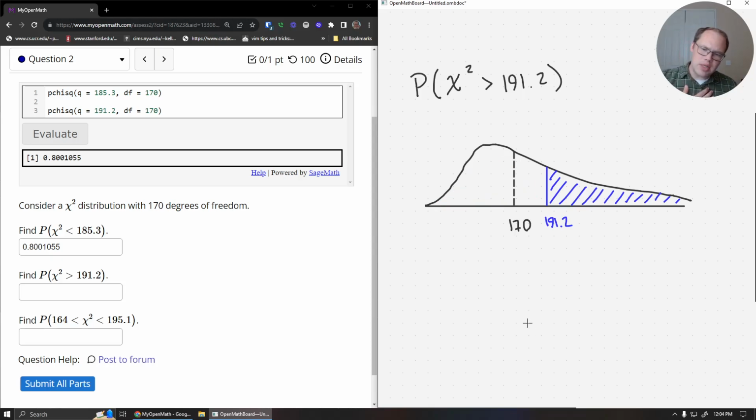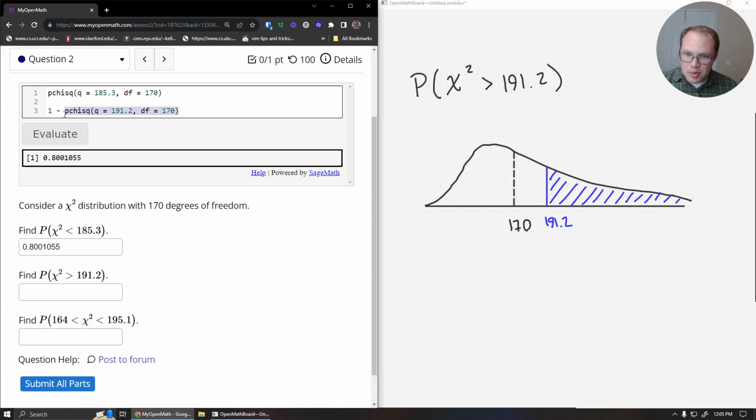So just like how we did for a normal distribution, just like how we did for a t distribution, we're going to start by taking all the area underneath the chi-square distribution, which is 1, or 100%, right? And then we subtract the part that we don't want. And the part that we don't want is everything left of that 191.2.